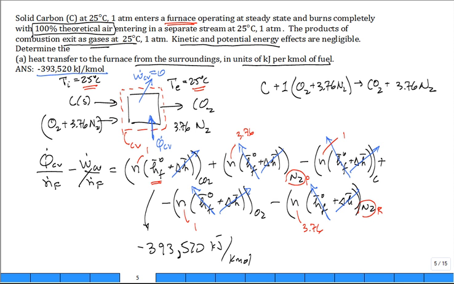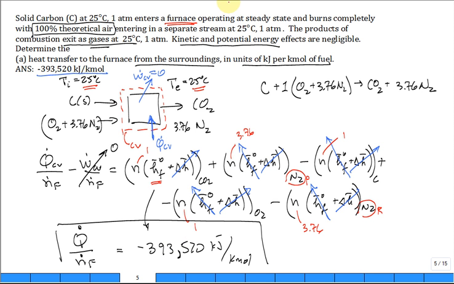This was 0. Why was that 0? Because there's no work out of the furnace. And so our answer is that the heat transfer per kilomole of the fuel is negative that number. It's negative 393,000. What does the negative sign indicate?